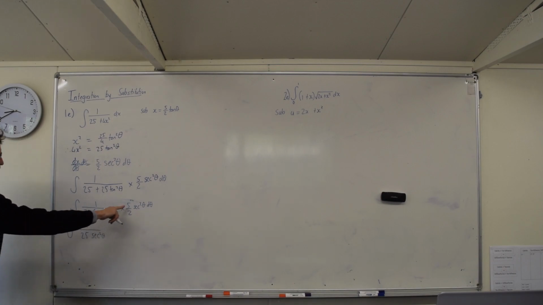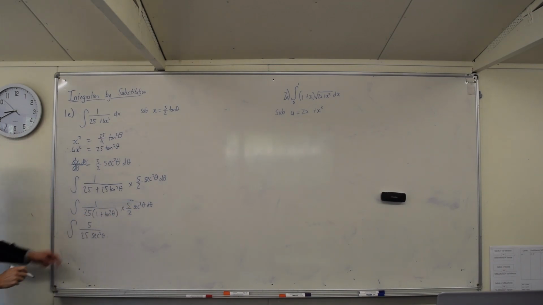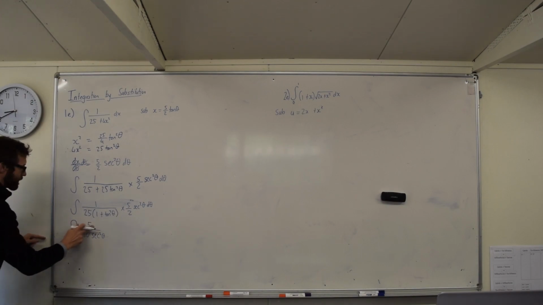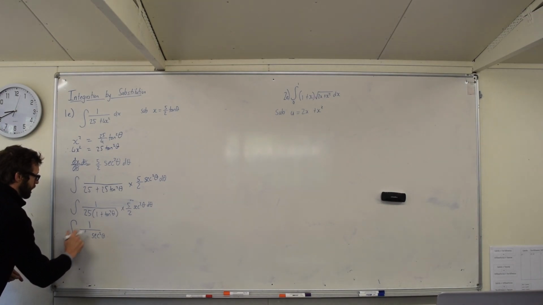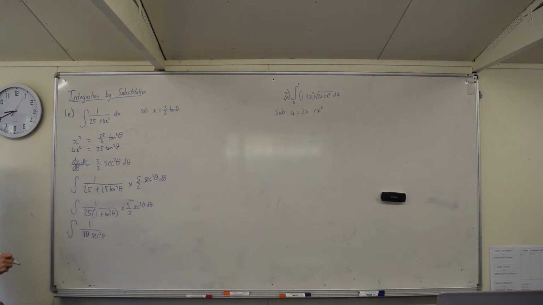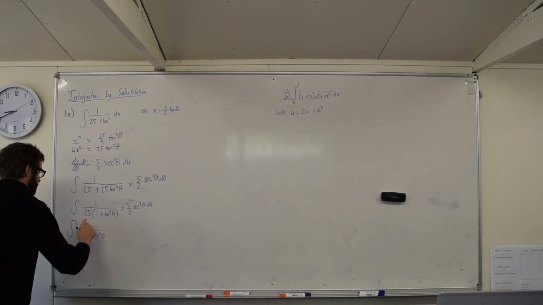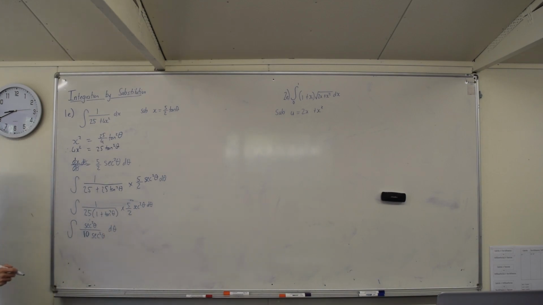and we can perhaps multiply this out. We'll have 5 on top, won't we? And then 2 times 25 is 50, so that'll be 50 there. But hang on, 5 over 50 is the same as 1 over 10, and then sec squared theta will be on the top, d theta, but then sec squared theta over sec squared theta just becomes 1.